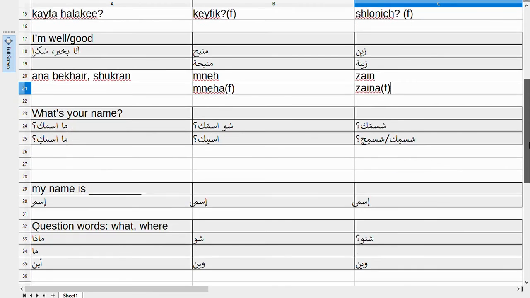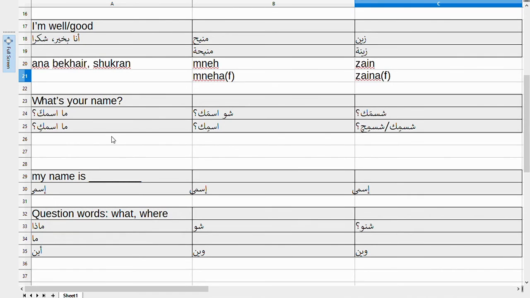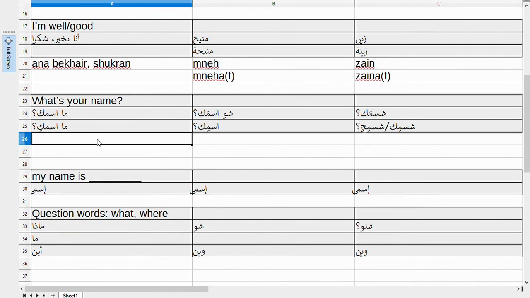Now let's come over here to what's your name. In Fusha, it's Ma ismuka. And again, you don't always have to use that last A sound, or ma ismuki for a female, and that's what's your name. It's what your name, and then of course the K denotes that it's like you, yours, or your.